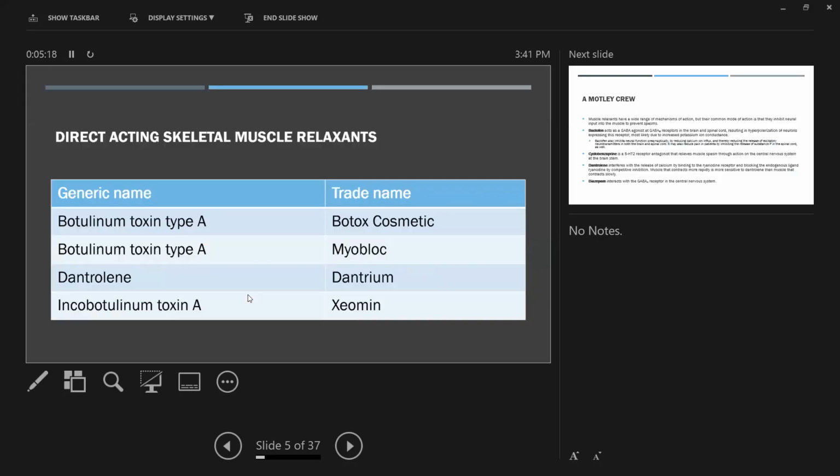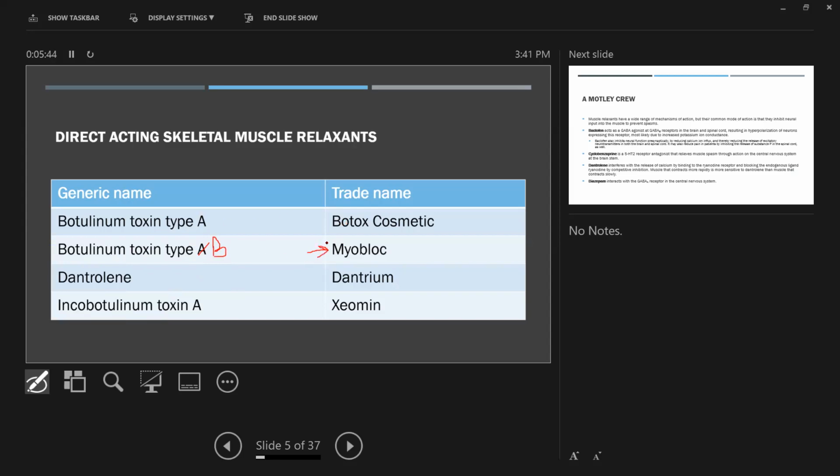The direct-acting skeletal muscle relaxants include your botulinum toxins, type A and B. That's a mistake here. That should be type B. That goes by the trade name of Myobloc.